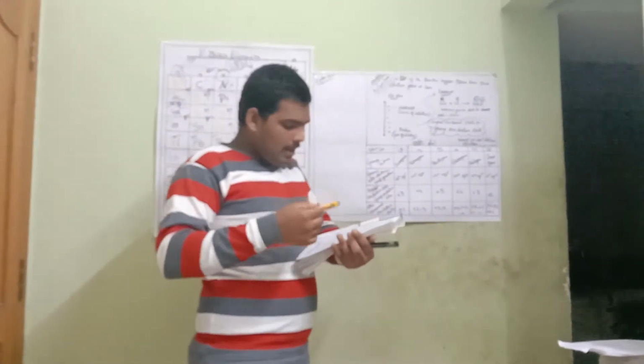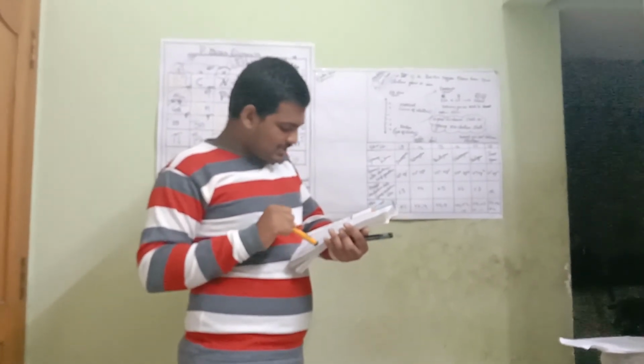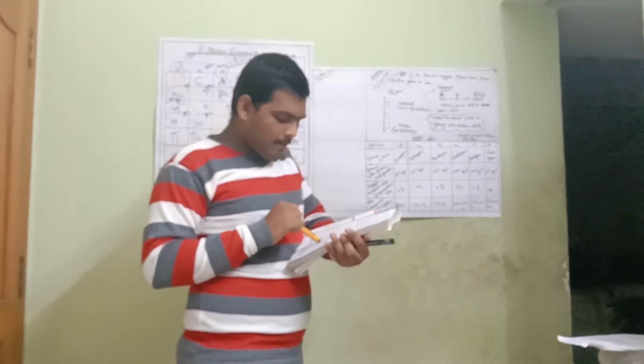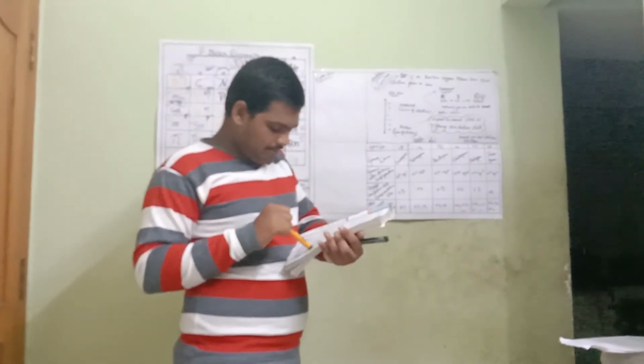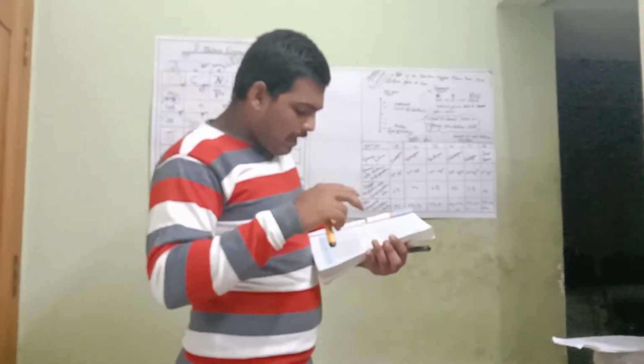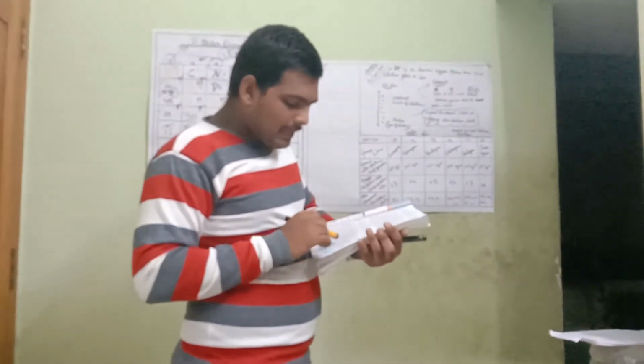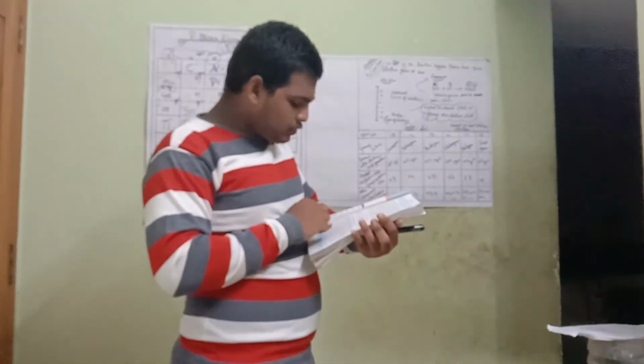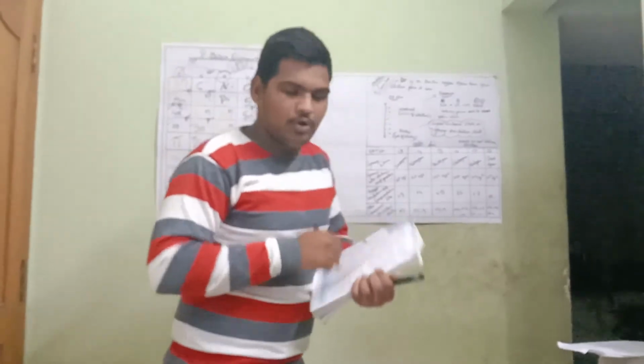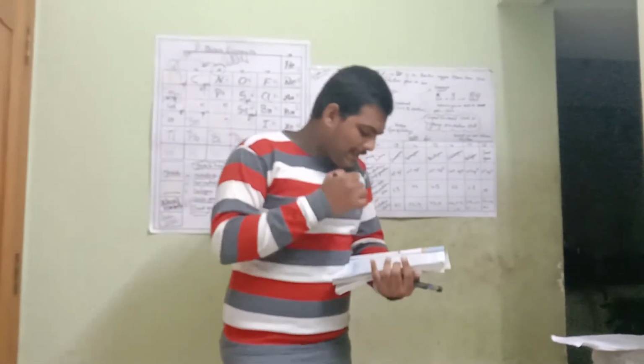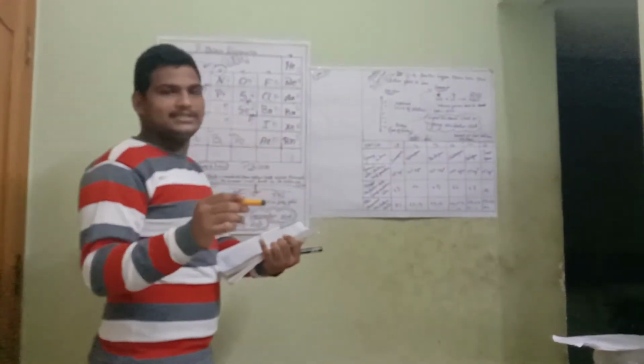Third point should be in the next slide: variable oxidation state, and the highest oxidation state is equal to the total number of valence electrons present in them. And fourth point should be in the next 2 lines: some of the p block elements show negative oxidation state also. These are the 4 points for the answer for the electronic configuration and oxidation state.